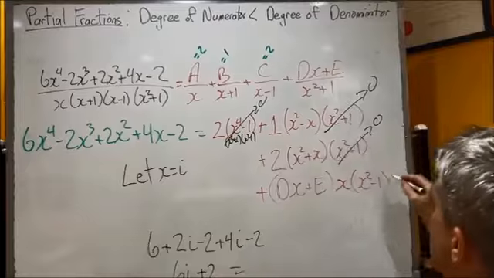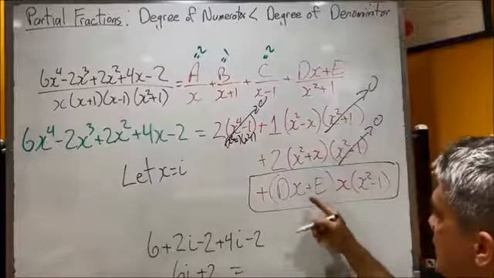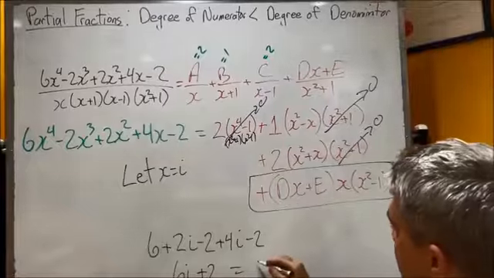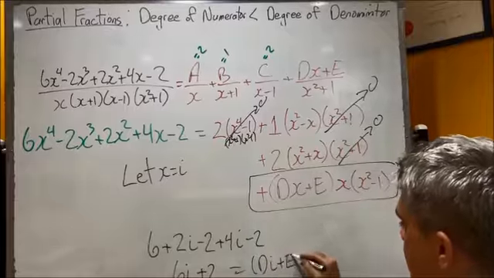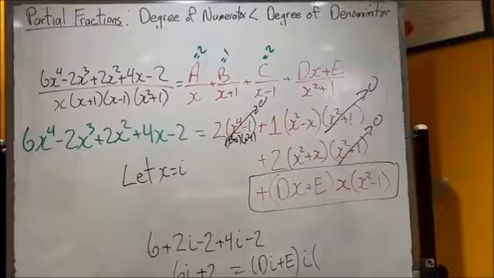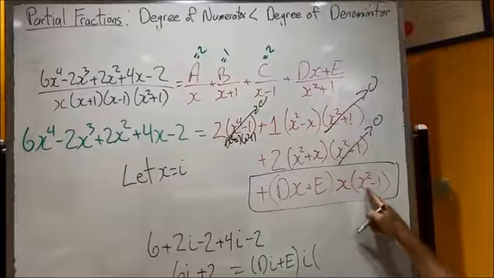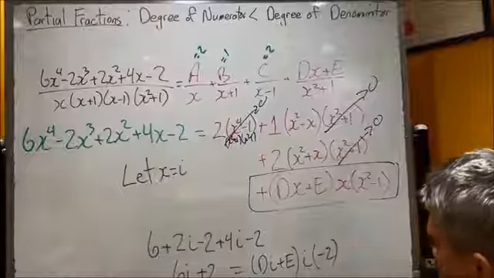And it equals, now this is the only term that's left. So let's put in our i. So it equals d. We don't know what d is. We know it's i. We don't know e. Now x is going to be i. i squared, well, that's just going to be minus 1. So minus 1, that's going to be a minus 2, right? So what do we got here? I'm going to keep going.